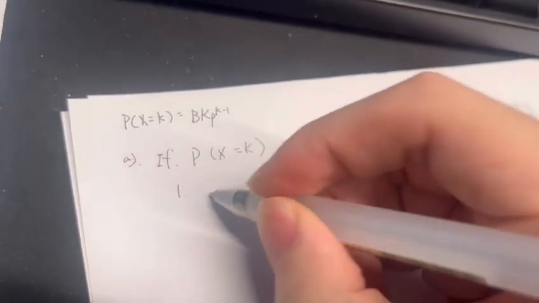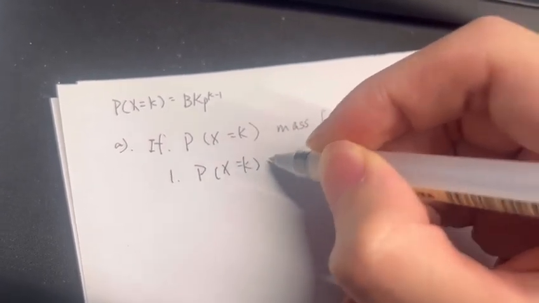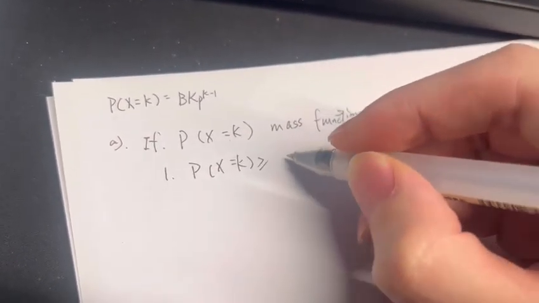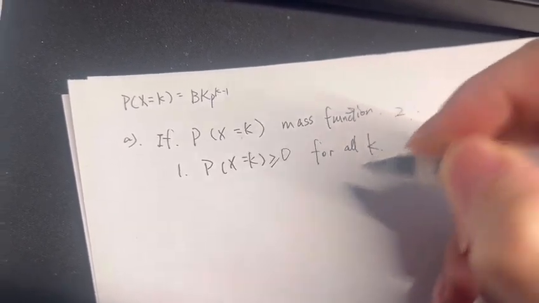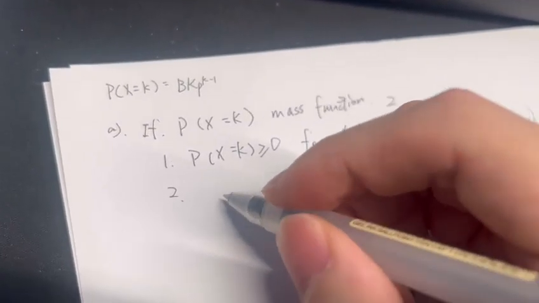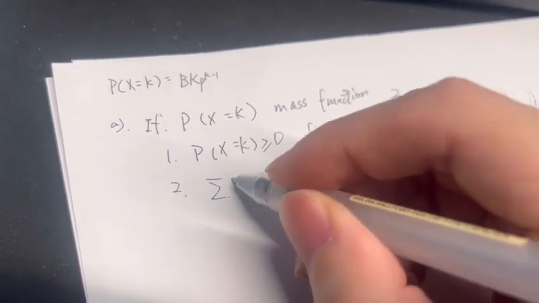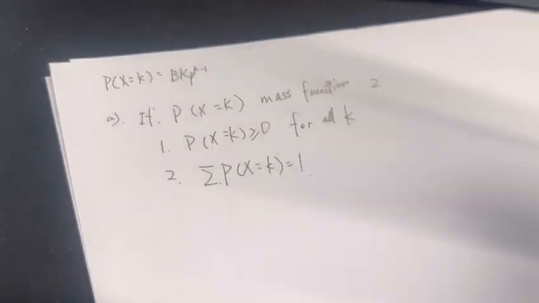The first is that the probability of X equals k is larger than or equal to 0 for all k, and the second condition is that the summation of the probability of X equals k equals 1.